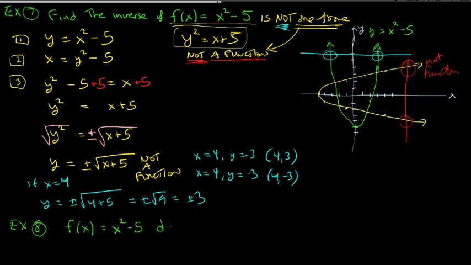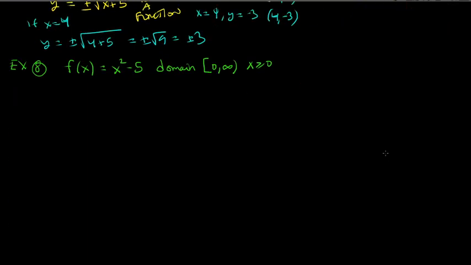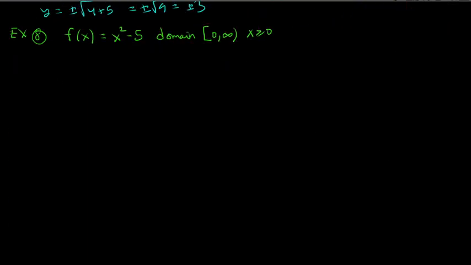But let's say instead of the domain being all real numbers, right, then naturally it's all real numbers, but I'm going to restrict it. I'm going to make the domain from 0 to infinity, right? In other words, x is greater than or equal to 0. So by doing that, now we have the graph will look something like this. Okay, that's better.